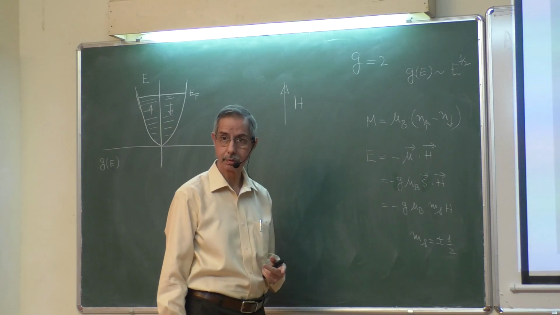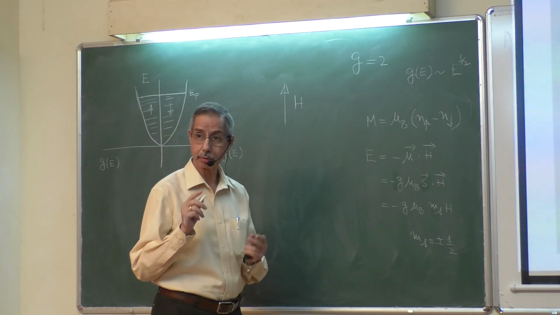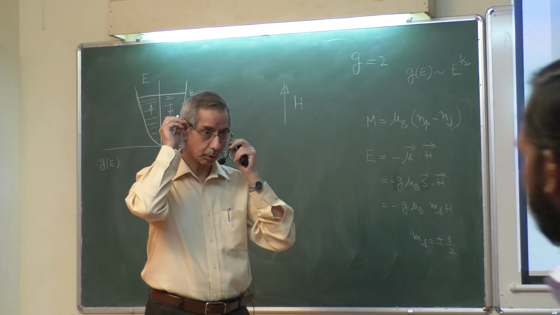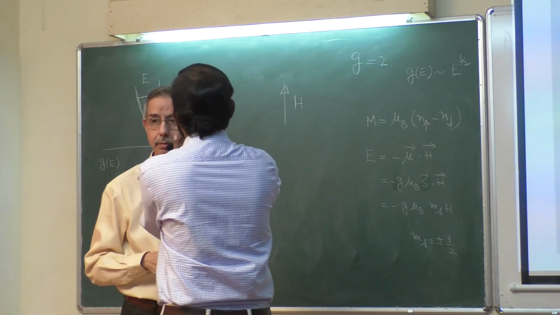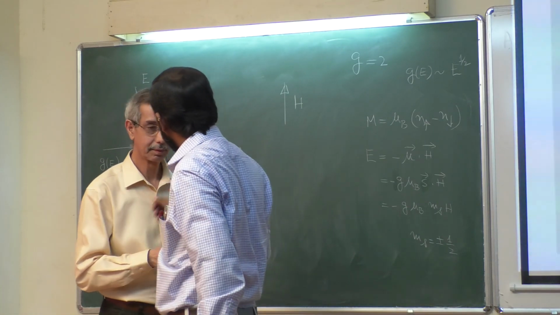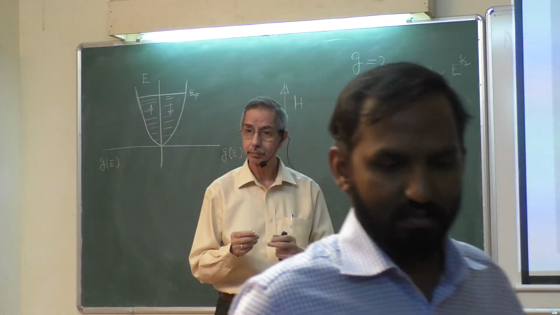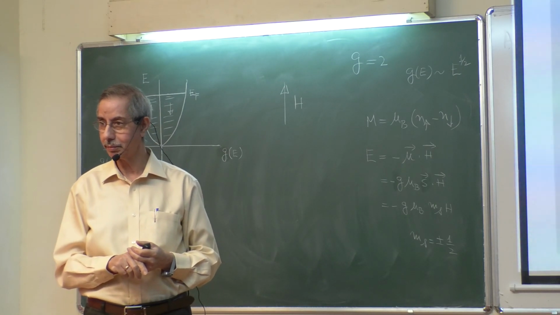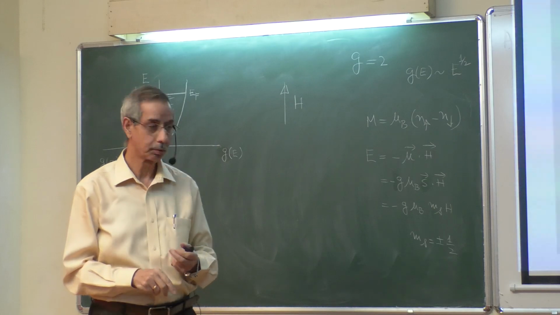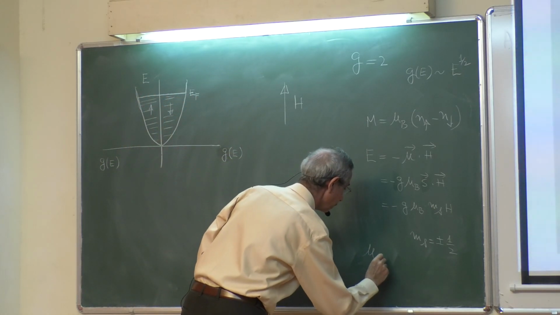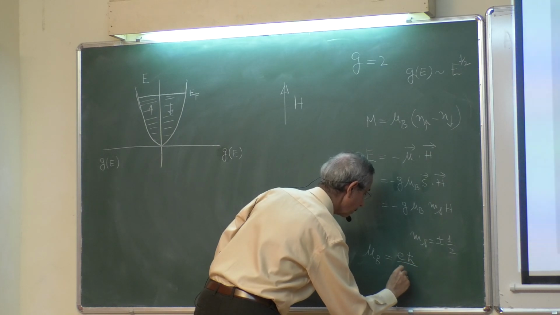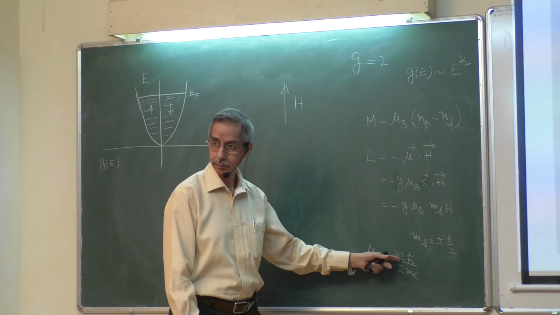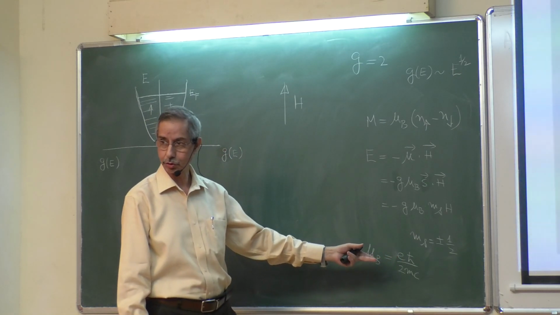One thing you should remember is that whether the spin up energy goes up or down is decided by the sign of mu B. Right? Now if I absorb the sign into the energy itself, it should be negative.